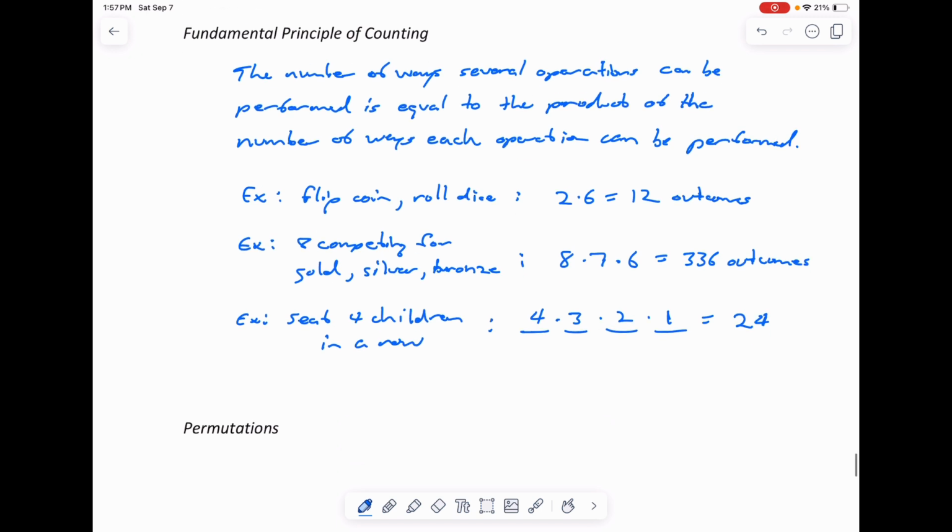This is probably a good time also to talk about factorial. If you don't know factorial, when you multiply all of the whole numbers from a value down to 1, you are basically taking what's called factorial. And so 4 factorial is 4 times 3 times 2 times 1. 10 factorial would be 10 times 9 times 8 times 7 all the way down to 1.